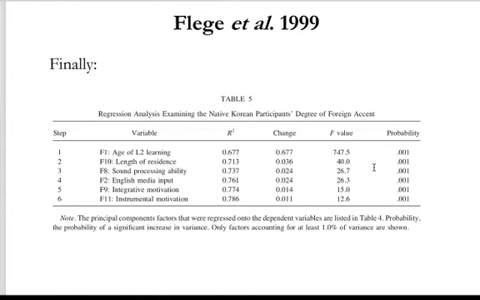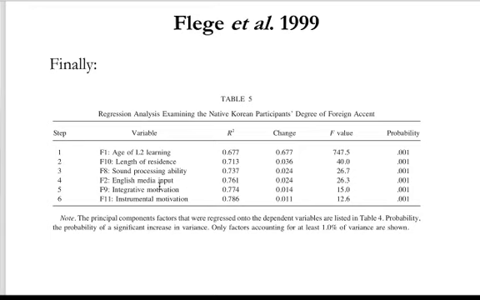And again, Flege and colleagues are going to claim in the end that the age of arrival, age of acquisition effects that they find here can be entirely explained by some combination of how long people have been in the country, their general perceptual ability, how well they process any sounds, not just linguistic ones, English media input, how much motivation they have to integrate into American culture, how much motivation they have to use the language for their day-to-day lives or work situations.